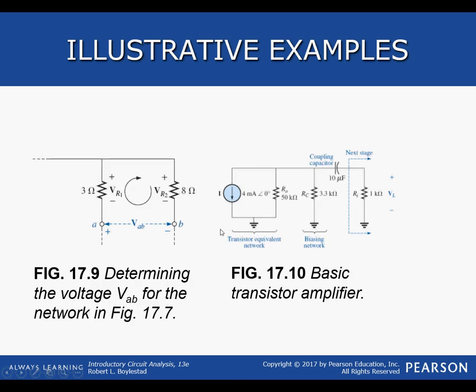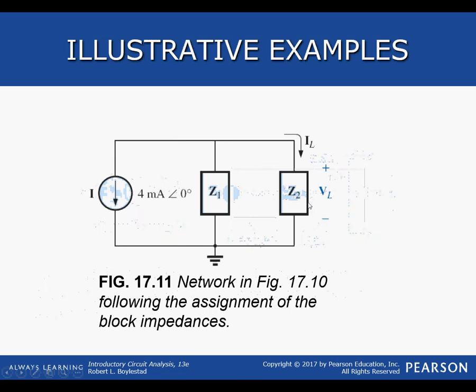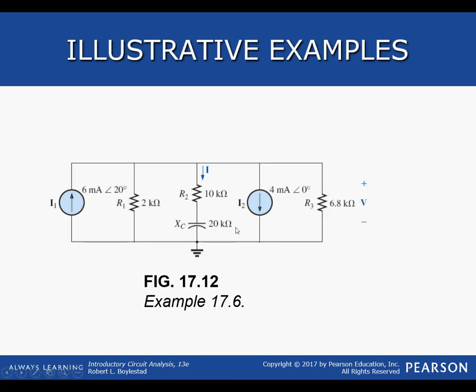And then they have another example, determining the voltage across here. It's getting a little bit more complex, but basically what they're doing is they break this down. They're saying this is the first stage right here. So what they did was they simplified it to two impedances here with the current source pointing down.